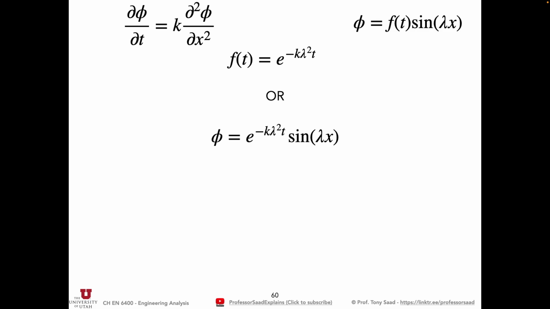And it changes as e to the minus lambda squared. So there's a lambda squared there, not just lambda. So a frequency of 10 is going to become 100, so it decays much faster.